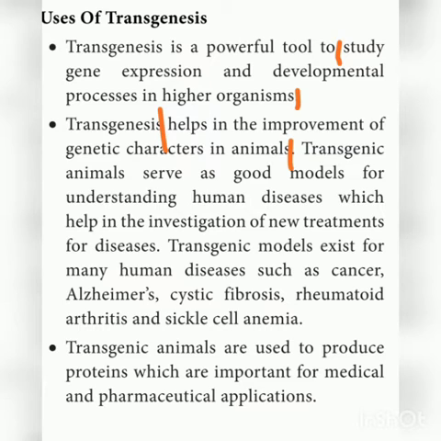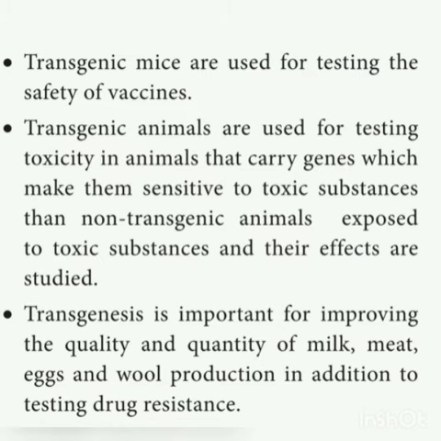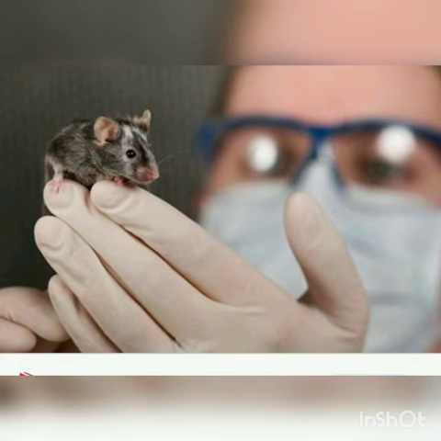Transgenic animals are used to produce proteins, which are very important for medical and paramedical applications. Transgenic mice are used for testing the safety of vaccines. So, if a vaccine is introduced, it will be tested first with animals such as mice.